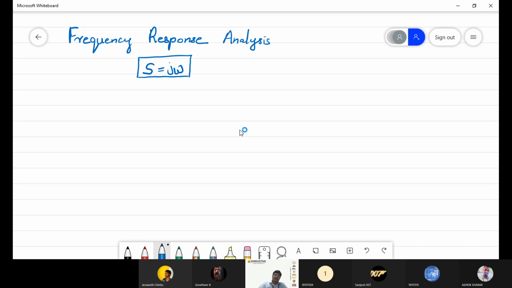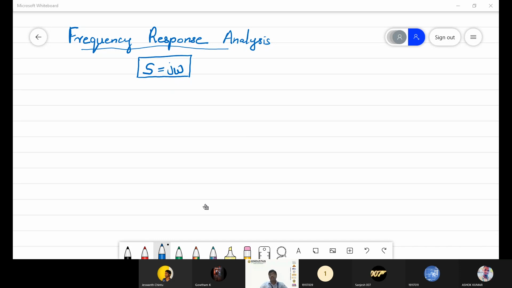Wherever the term S is there, simply we can substitute j omega. That means it is converted into a sinusoidal domain. So here we have the real term as well as the imaginary term. Therefore, in frequency response analysis, the main thing you need to know is the conversion. Normally it is in the Laplace, that is the S domain, so we need to convert the S domain into the sinusoidal domain. That is a very important thing in frequency response analysis.